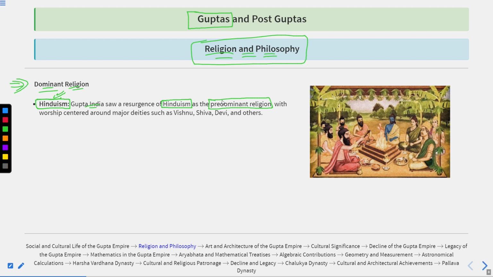It means the final revival of Hinduism took place from the Gupta time onward, with worship centers around deities like Vishnu, Shiva, Devi, and others. The majority of Hindu gods, their rituals and their worship got revived during the Gupta Empire.